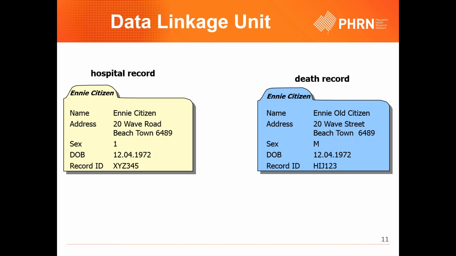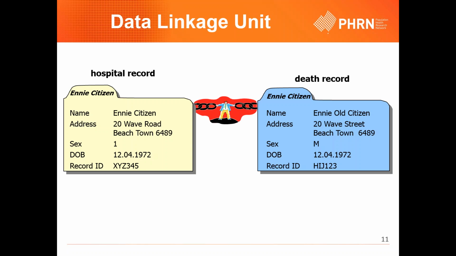And when the two records arrive at the data linkage unit, the data linkage unit uses a probabilistic algorithm to decide whether any citizen in the hospital record is the same as any citizen in the death record. And in this case, they say, yes, it is the same person.